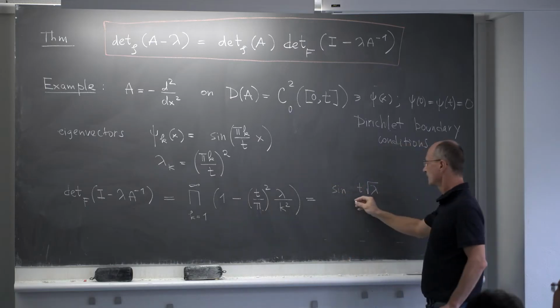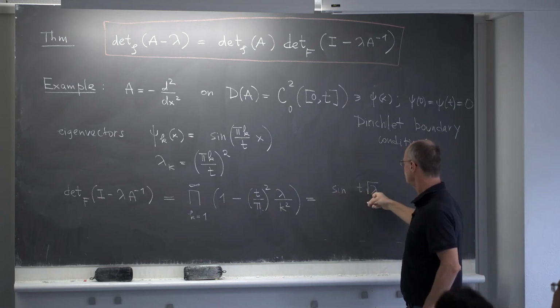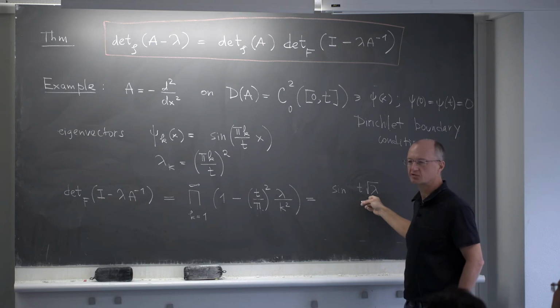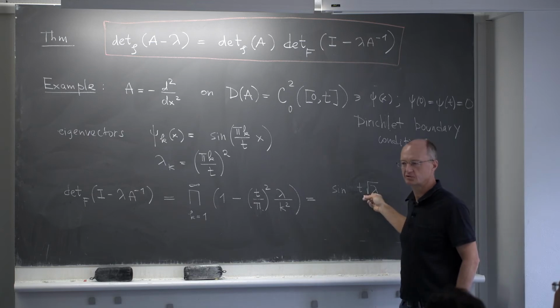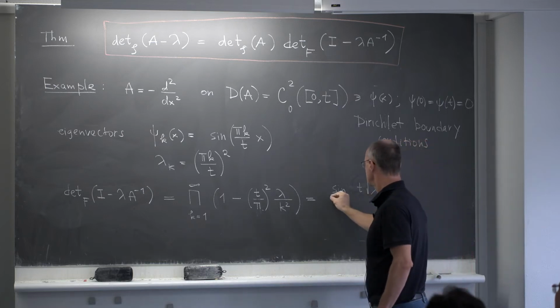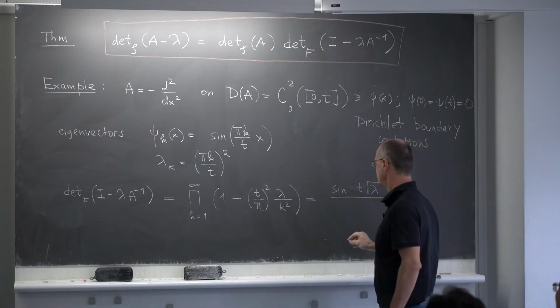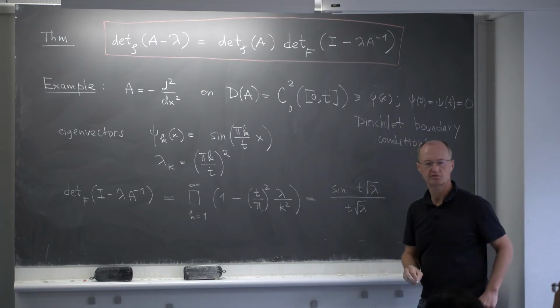But this guy would also have, first of all, it's not entire, right? It has the square root, and second of all, it has 0 at lambda equals 0. So this should be remedied in some way. So I think divided by t square root of lambda.